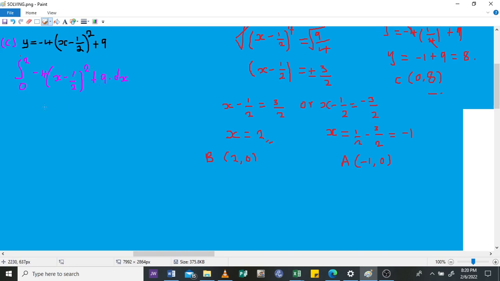So what do we do now? We can expand. If you expand this, you're going to get negative 4x, then plus 4x.